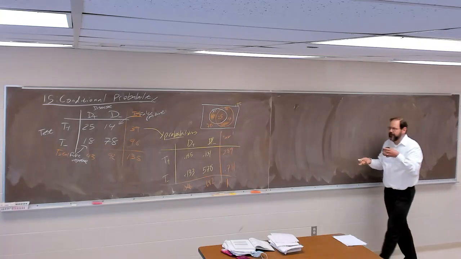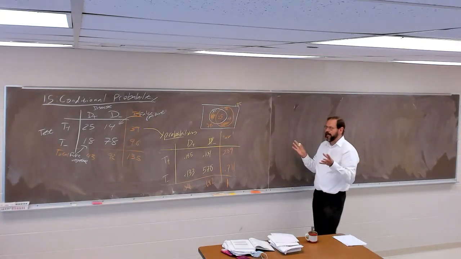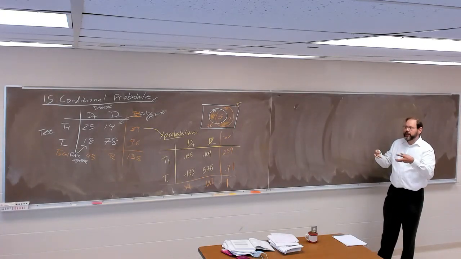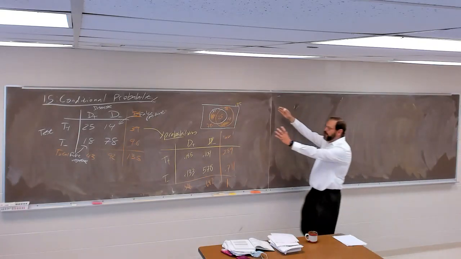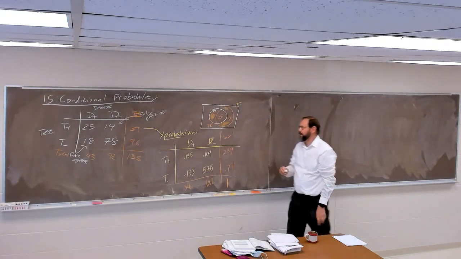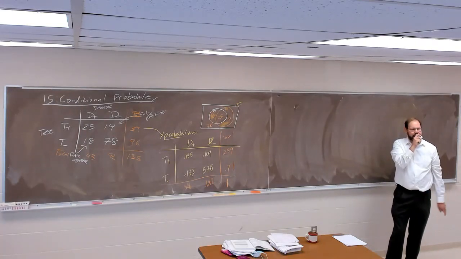COVID-19, coronavirus type tests is the big one these days, but it doesn't matter. We'd like to understand the correlation, given this information. I'm no longer just looking at the big population, now I'm only interested in what's happening with the positive tests. What is the probability that this person actually has it versus not having it?